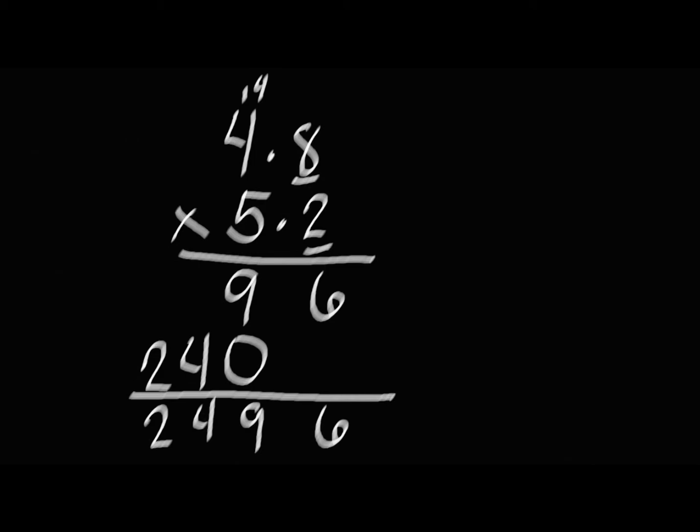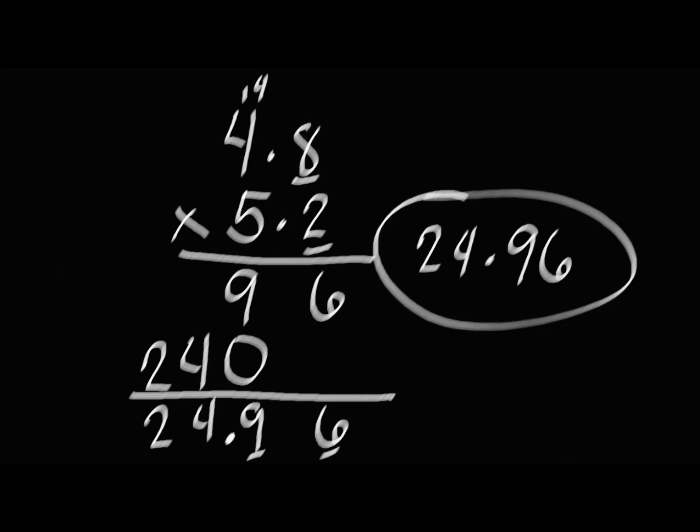Therefore, there should also be 2 decimal places in our product. So our decimal point must be here, so that we will have 2 decimal places. So our final answer is 24 and 96 hundredths. Another example.